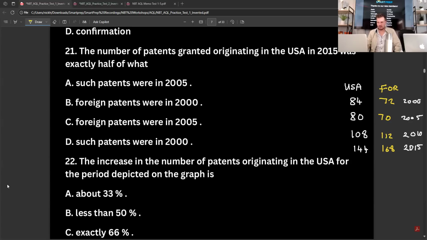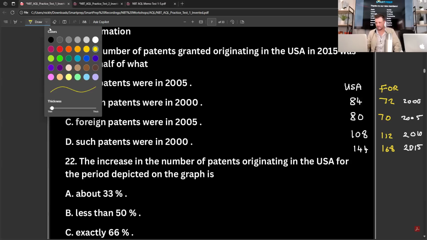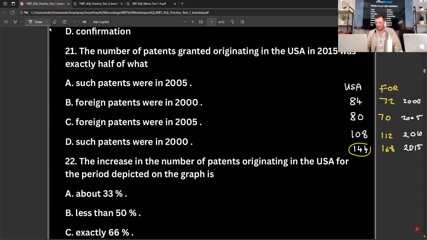It should be double, because if we look at 144 here, it's half of nothing. Half of 144 would be half of 288, and there's nothing in there that's 288. So it must be exactly double. This is a mistake in the question.